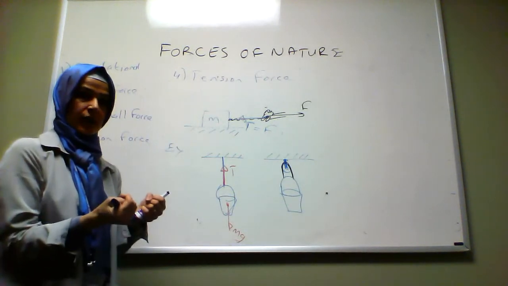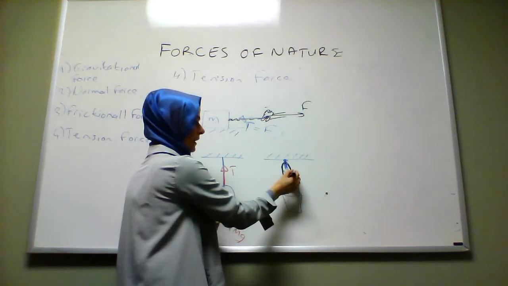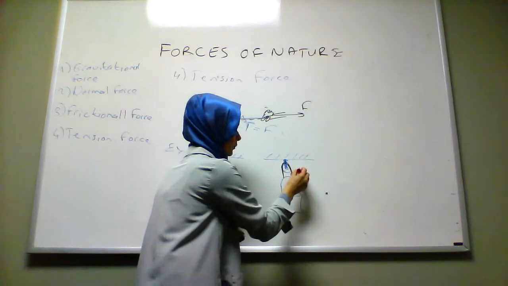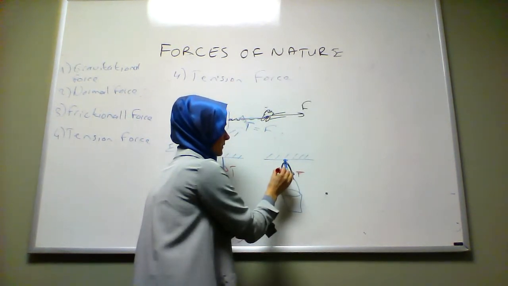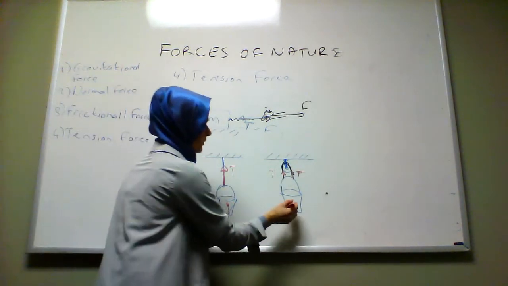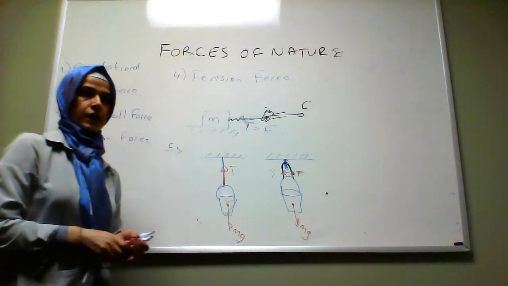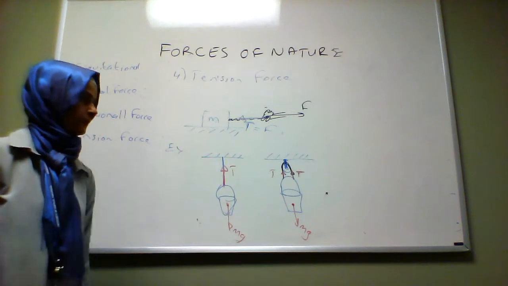This will help strengthen my pull because along the same rope I will have the same tension. So I'll have a tension here on this side pulling up, let me call it T, and on this side as well pulling up. Now my mg is divided into two forces, and it's stronger now. It's safer to hang my pail in this way.